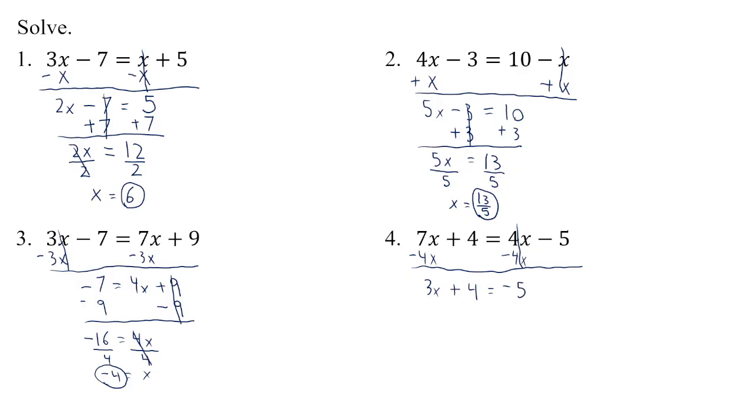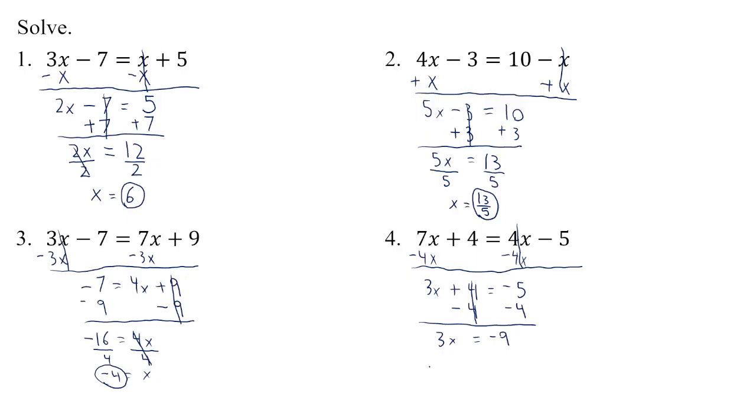We see addition, and the opposite of addition is subtraction. So we're going to subtract 4 from this side and subtract 4 from this side. Bring down your 3x, and negative 5 and negative 4 is negative 9.